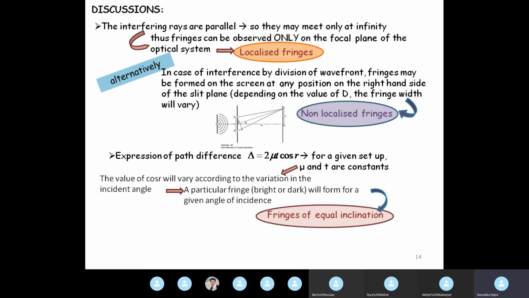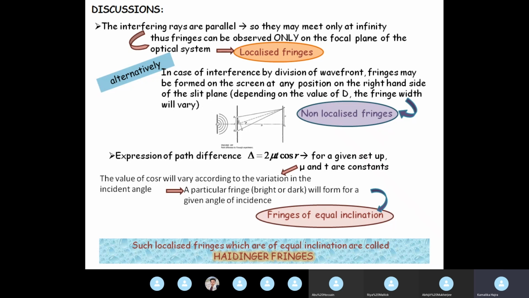But here it is not the case, first of all. And secondly, a particular fringe is formed for a particular angle of inclination of the incident ray. We are not dealing with a single ray. It's a sort of band of rays that are coming in, and so for a given ray we get a given inclination and that produces a particular fringe.